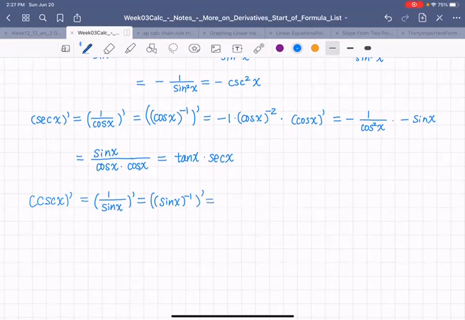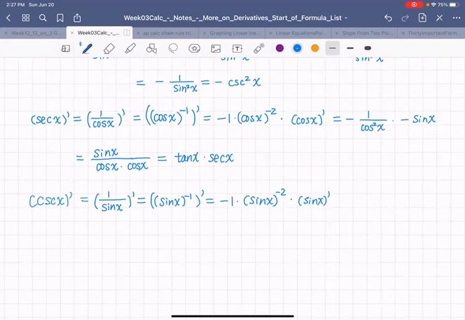Then you follow the formula from before: n times something to the power of n minus 1, so sine x to the power of -1 minus 1, -2, times sine x.